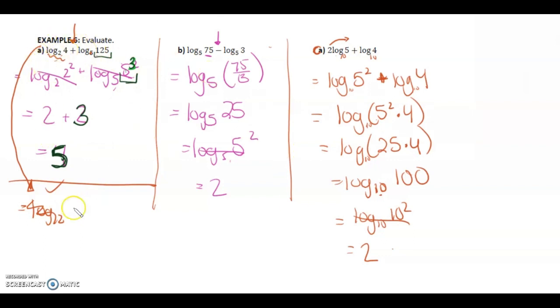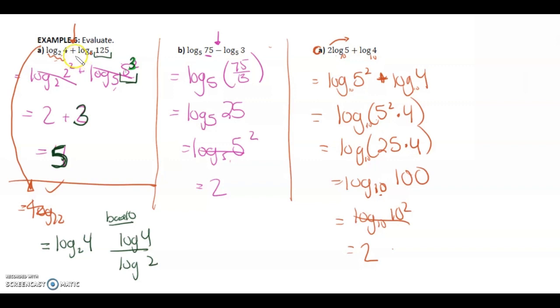So what we're going to be learning today is, if we have log base 2 of 4, we can convert this to use in our calculator to a base 10 by writing this as log 4 over log 2.